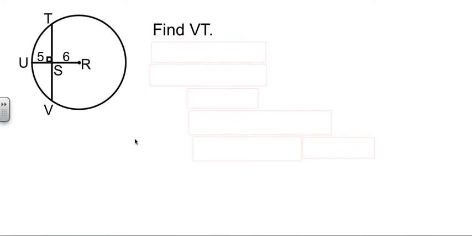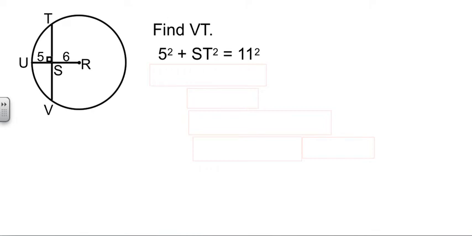Okay. Let's expand on this idea. Our mission, our job, is to find the length of VT. Now, since I know I have a radius here, or a perpendicular, that's going to tip me off that I could get a right triangle.